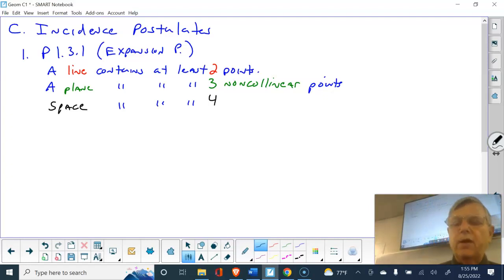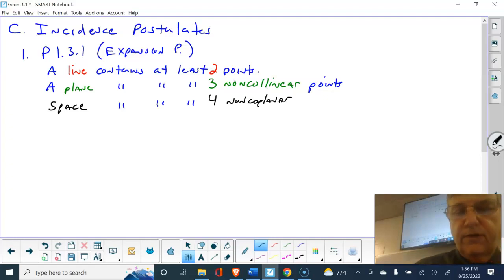And what are we going to say? What kind of points? Non-coplanar points. Because if all 4 are in the same plane, we don't know where space is. Space has to be 3D. So 4 non-coplanar. And hopefully that makes sense.